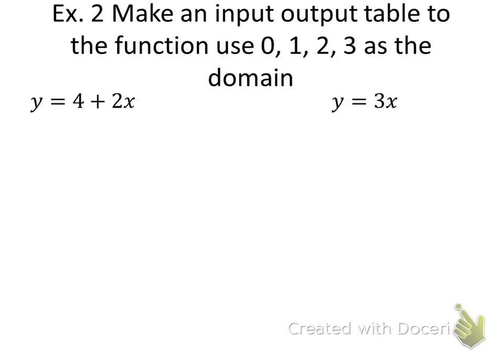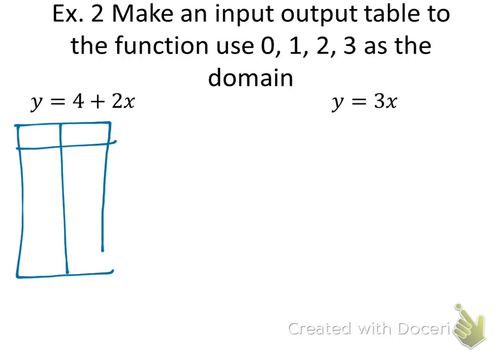X. It's always X. Okay, so this is what I want you to do. I want you to make an input-output table. Actually, I'm going to make mine smaller than that. I just like to write I and O up at the top so I don't have to write the whole thing. And I'm going to go ahead and fill in my inputs. I have 0, 1, 2, and 3.